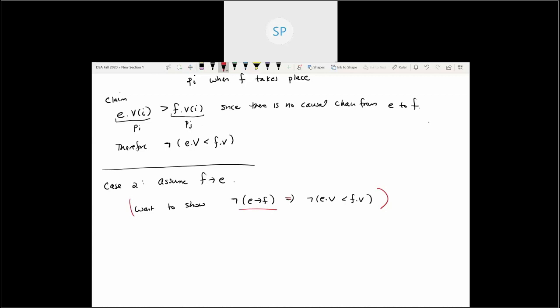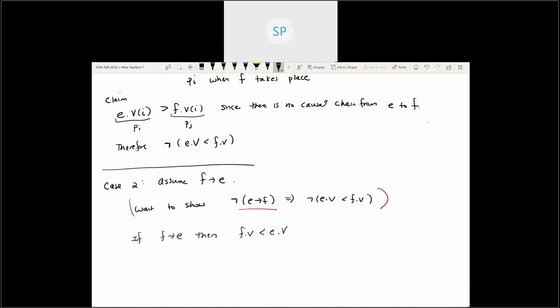This is an easy one. It's just maybe hard to wrap your head around in this format. If F happens before E, then what can I say about their timestamps? Yes, then by the earlier part of the proof, we must have that the timestamp of F is less than the timestamp of E, right?